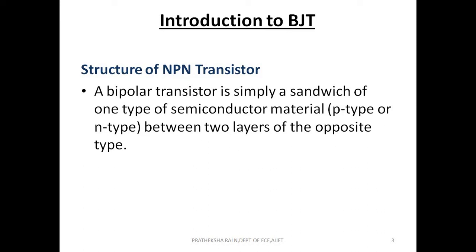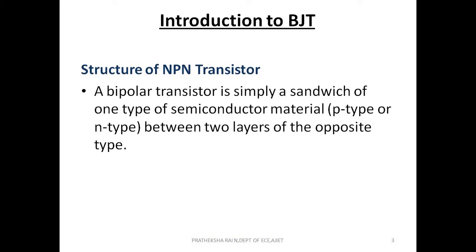Introduction to BJT. BJT means bipolar junction transistor. So what is a BJT? Actually, it is simply a sandwich of one type of semiconductor between two layers of the opposite type. Then it means that there can be two possible ways.